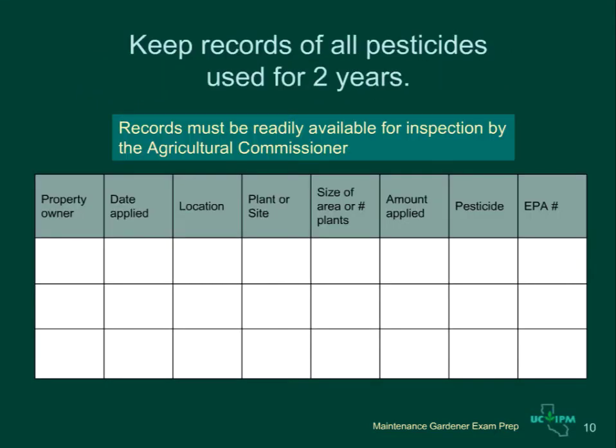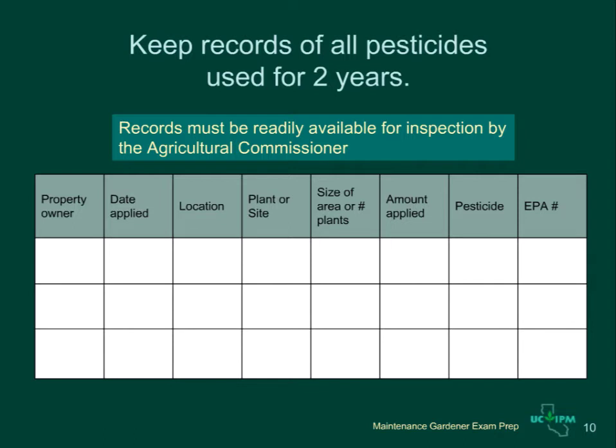In addition to the monthly pesticide use report, which you submit to your county agricultural commissioner, you must keep records of each pesticide application you have made over the last 2 years. You can make up your own forms to maintain this information, but it must be available for the county agricultural commissioner to inspect on request.